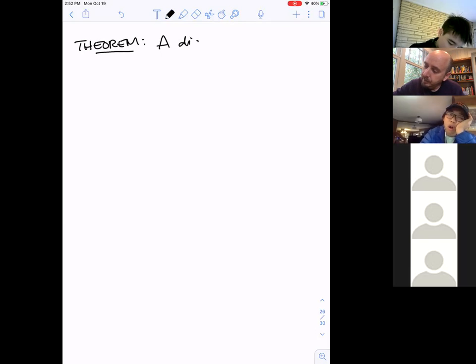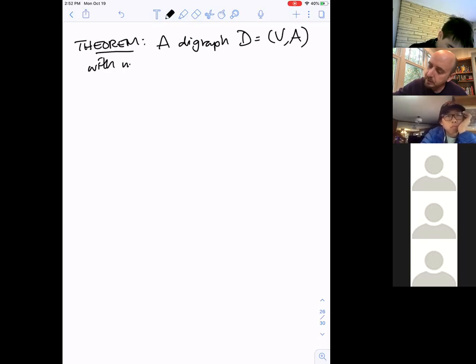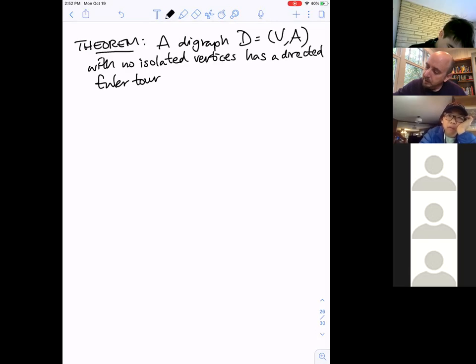A digraph, that's directed graph, is V, A, again with no isolated vertices, just to get rid of this condition that doesn't really matter, has a directed Euler tour if and only if A and B. A: D is connected in the undirected sense.